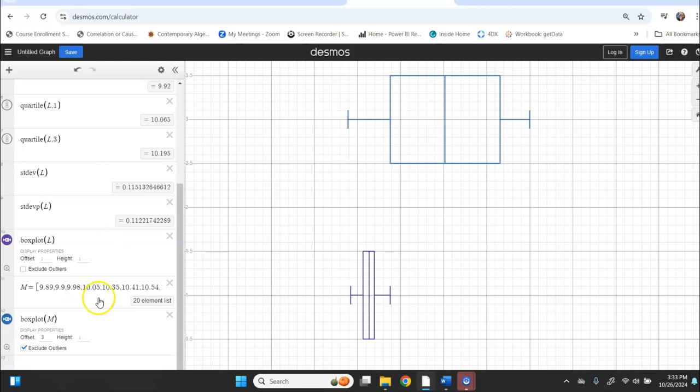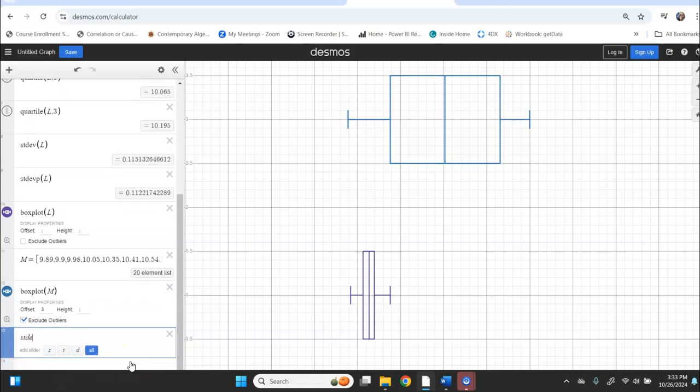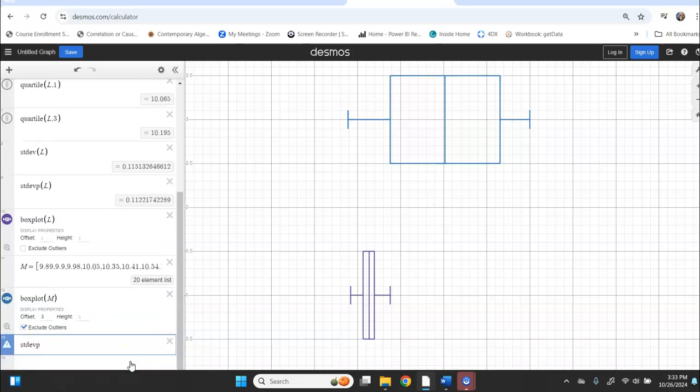Whereas if we look at the second set, the standard deviation of the second data set is 0.72, so that's 0.72 seconds. So that's a lot more spread out. There's a lot more, let's call it wiggle room, in data set number 2 versus data set number 1.